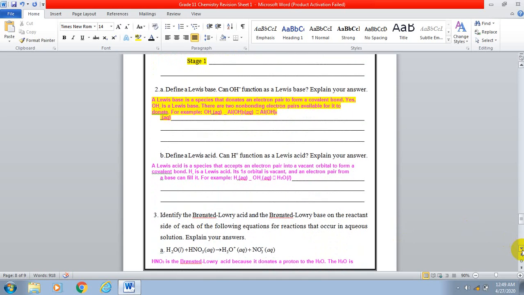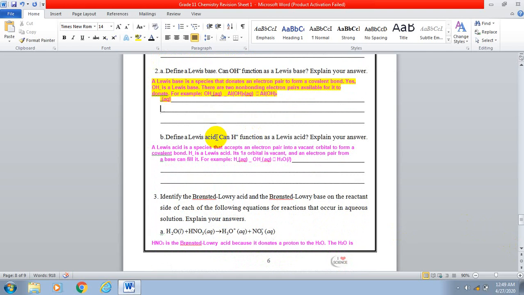Now for the B option, we have defined Lewis acid. Can H plus function as a Lewis acid? Explain your answer. Yes, of course. A Lewis acid is a species that accepts an electron pair into a vacant orbital to form a covalent bond. H plus is a Lewis acid.